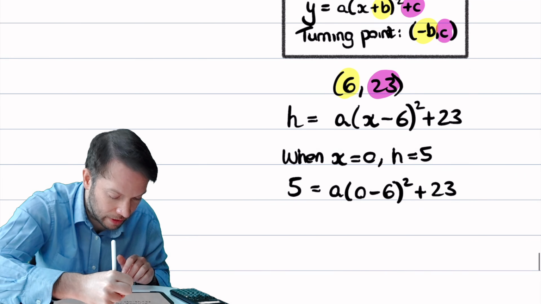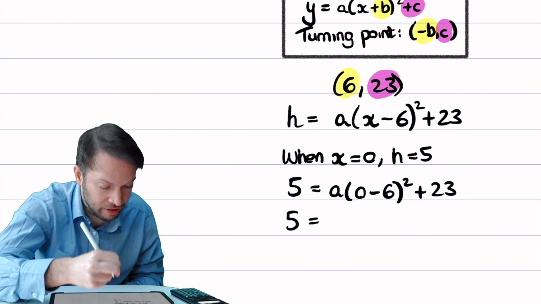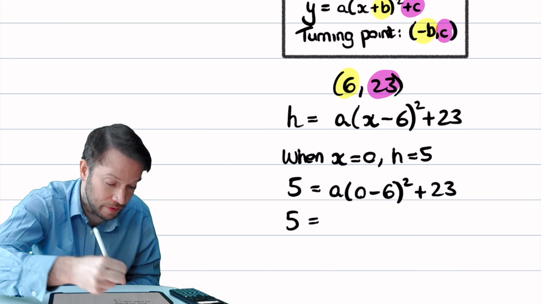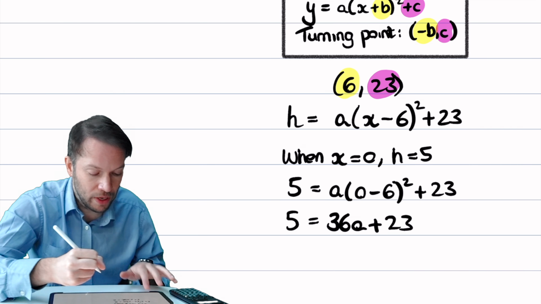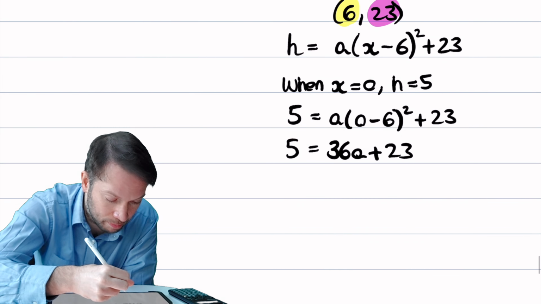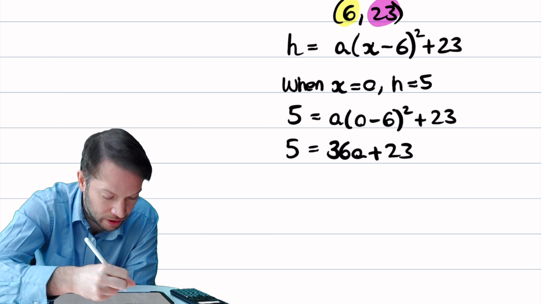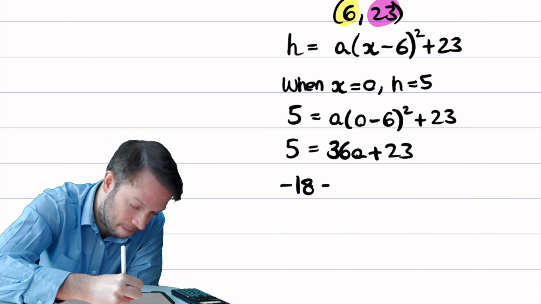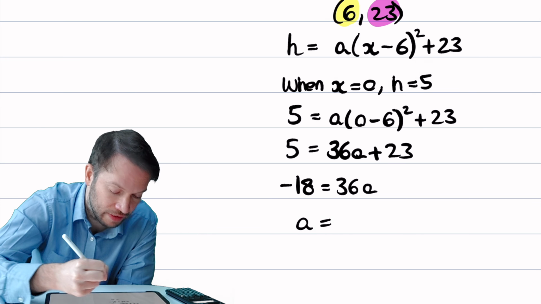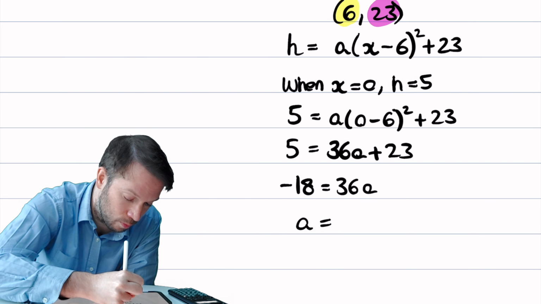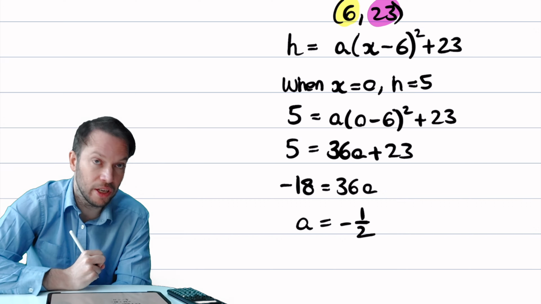And then if we just simplify that, 0 minus 6 is minus 6, squared is 36. We get 36a + 23. We're going to subtract 23 from both sides. So 5 minus 23 is -18. And then divide both sides by 36. You're going to get a is equal to -18 over 36, which is -1/2. So we know that a is -1/2.